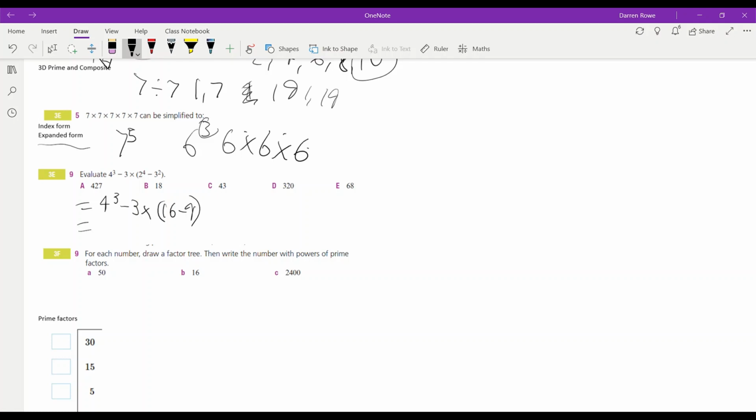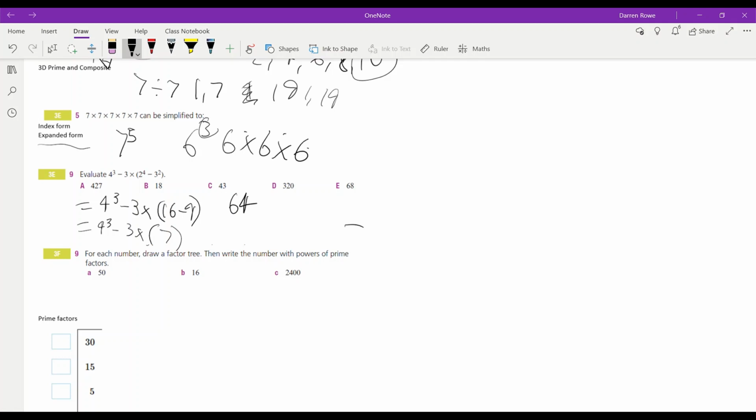You could have done this one too, but let's say 4 cubed minus 3 times. Actually, you probably should have done that one at the same time. But if you want to do more steps, never a problem to do more steps. If you want to cut out steps, it is sometimes bad. So, all right. So 4 cubed is 64. My bad.